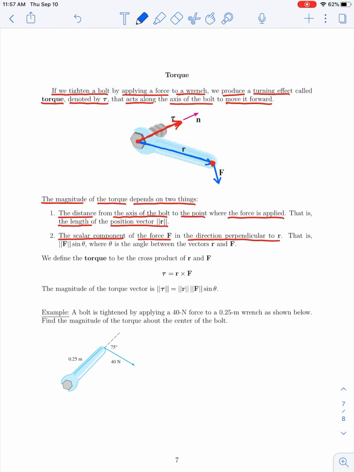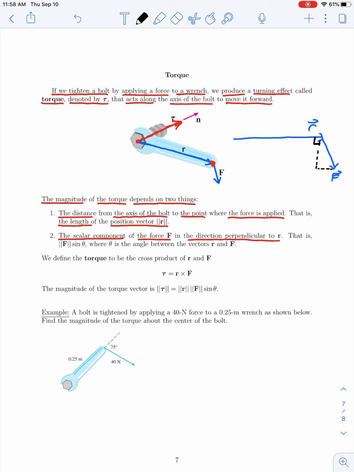We have this position vector R, which defines the length of our wrench, and there's some force F being applied to that wrench. What we're interested in finding is the component of this force vector that is acting in a direction perpendicular to our wrench, or to the vector R.